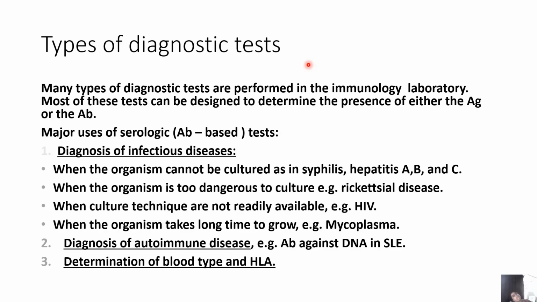Now, what are the types of diagnostic tests? Many types of diagnostic tests are performed in the immunology lab. Most of these tests can be designed to determine the presence of either the antigen or the antibody.